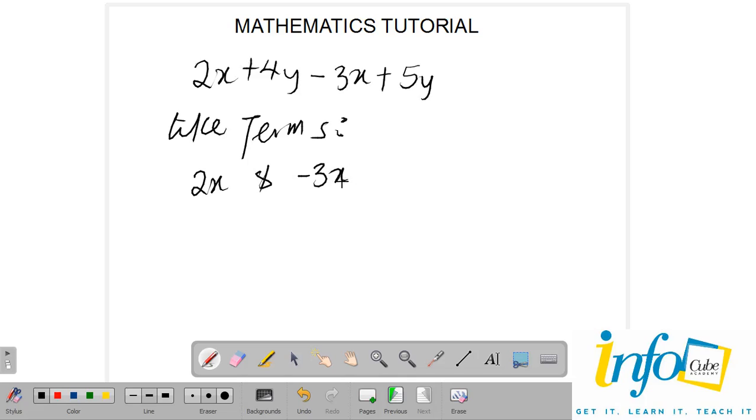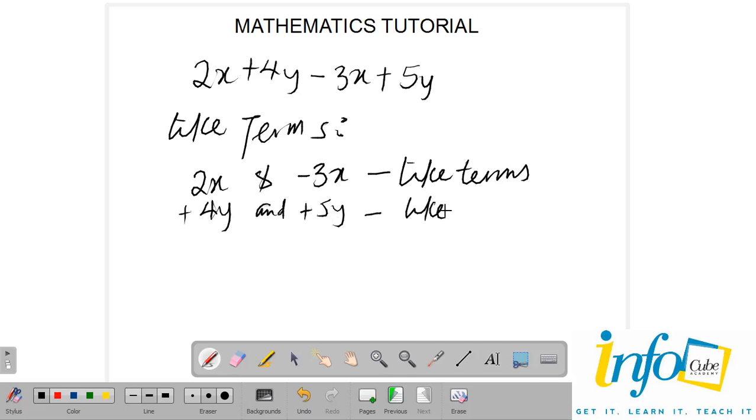So we can say that they are like terms. Now 4y and plus 5y can also be called like terms. This is what we call like terms in algebra, when they have the same letters.